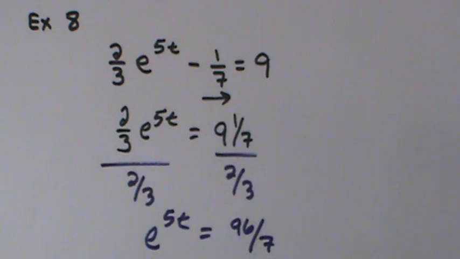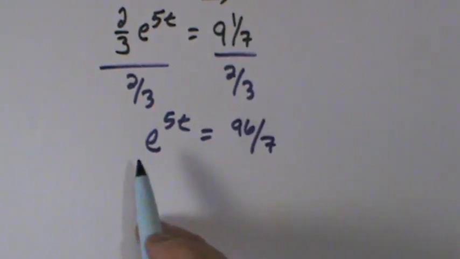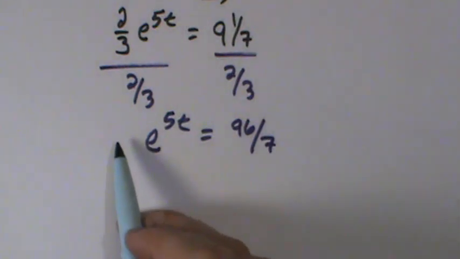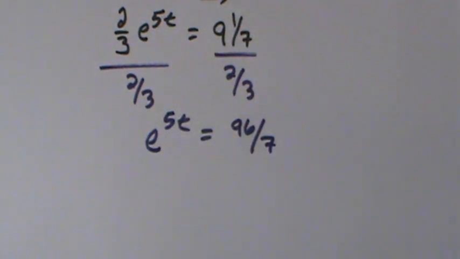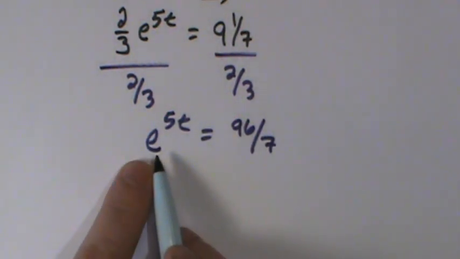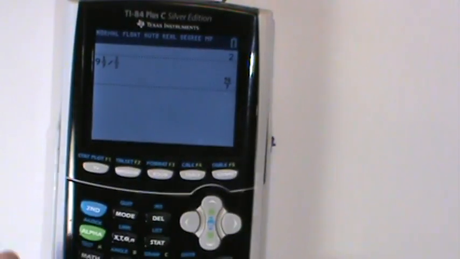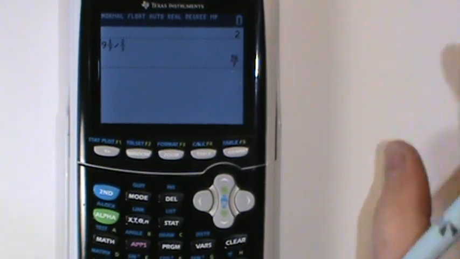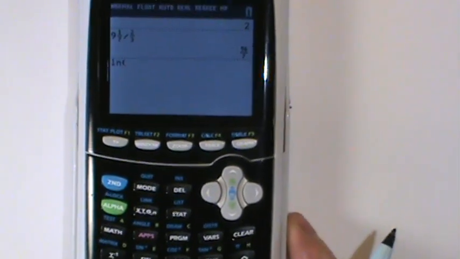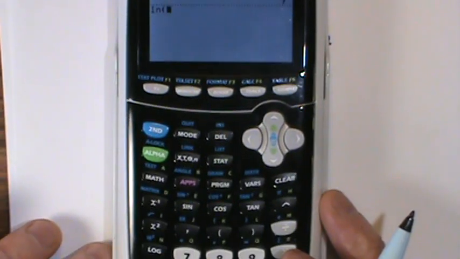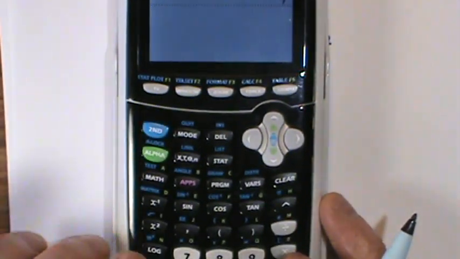Now, the next step, I can natural log both sides. If I do a natural log, you notice in the examples I keep going back and forth. A natural log and an e, let me show you something in the calculator. Those are inverses. So if I do natural log and then I do my e, the e button is the second and then you hit natural log.